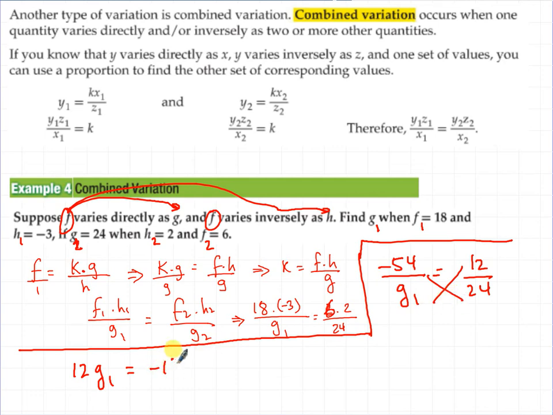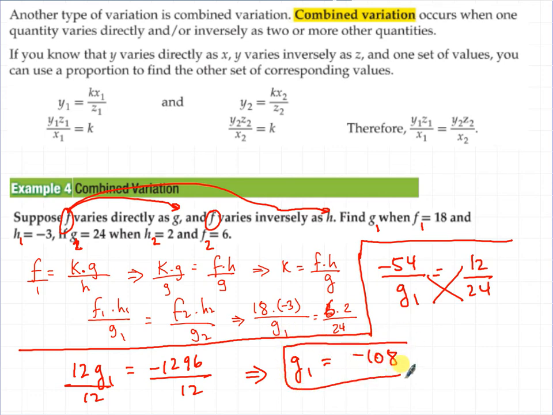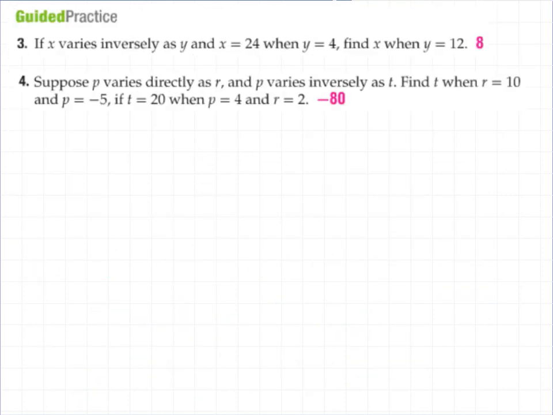So over 12, g1 is equal to minus 108. So when f equals 18 and h equals negative 3, g is equal to minus 108.